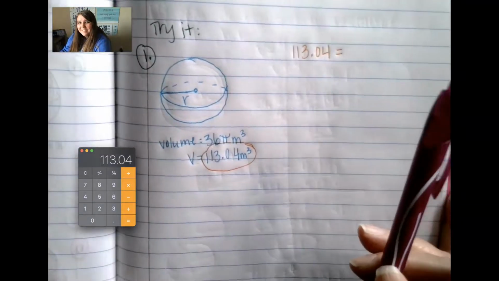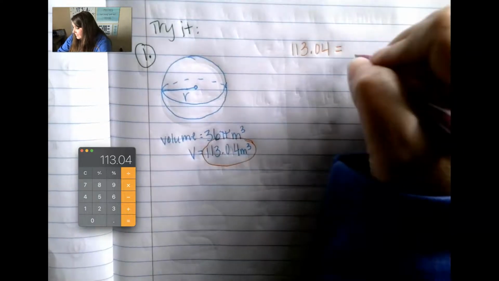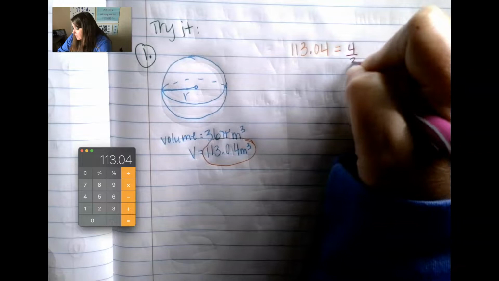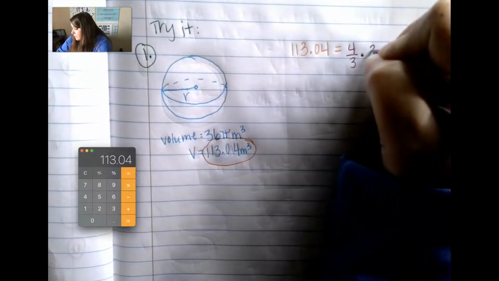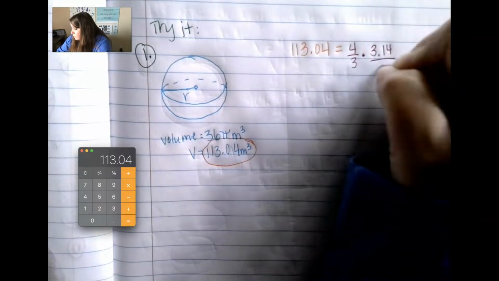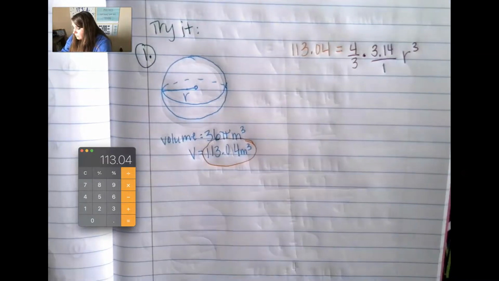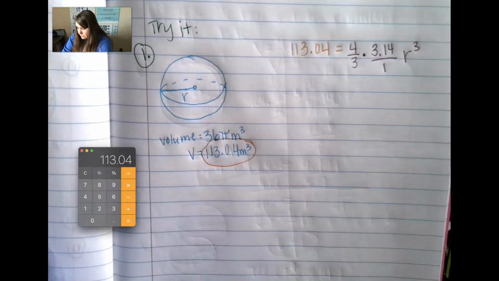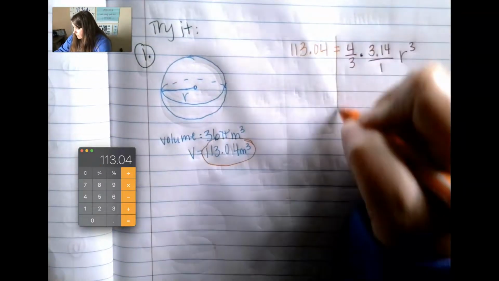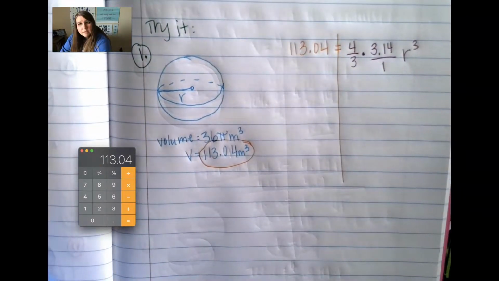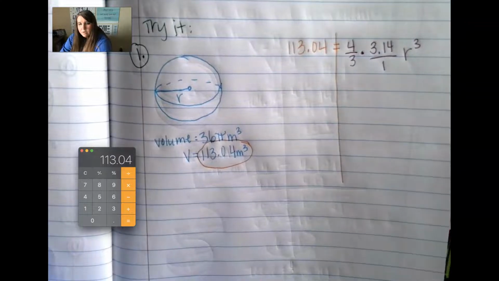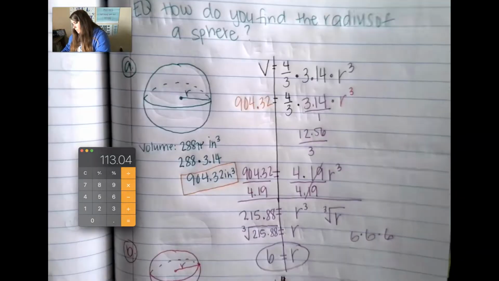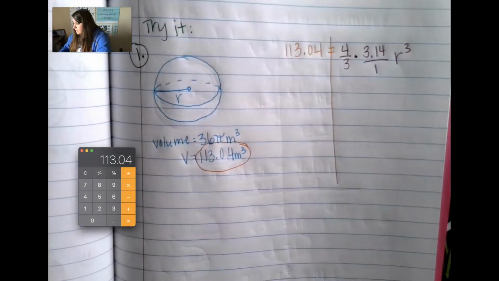the part that Ms. Englander got confused on. We're going to put this set to 4 over 3 times 3.14 over 1 so that we can solve for r cubed. So draw our balance line so that we can isolate the variable. 4 times 3.14 is 12.56.